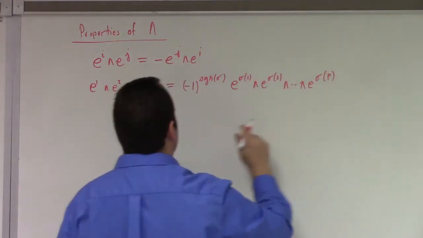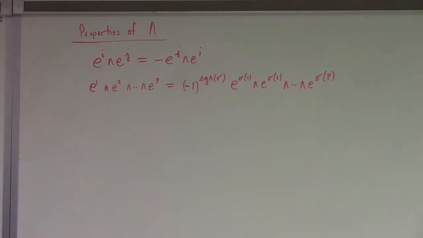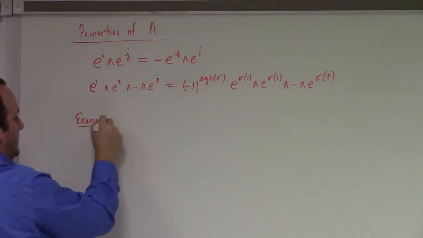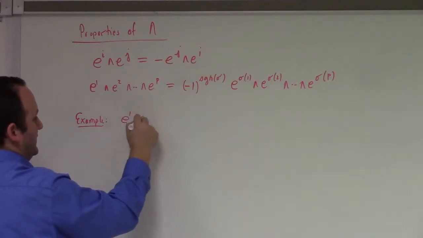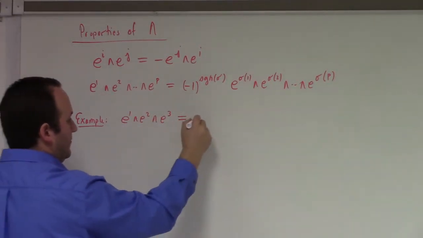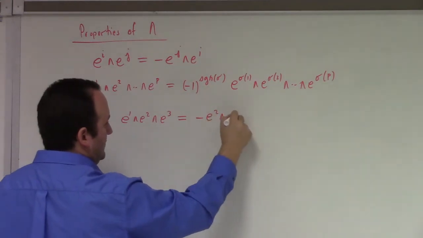Now that is just a fancy way for me saying that if you switch any two things in the wedge product, you get a minus, right? But every time you switch two things, you get a minus. So for example, if I had e1 wedge e2 wedge e3, I would get minus e2 wedge e1 wedge e3.